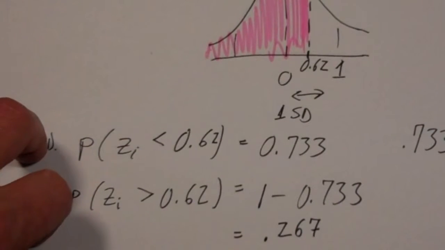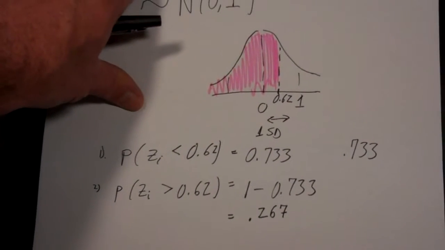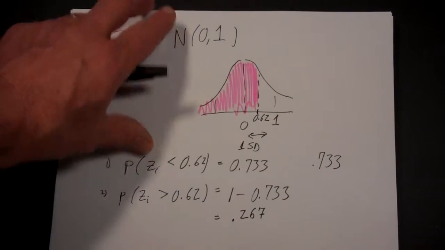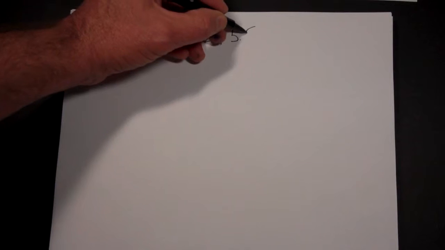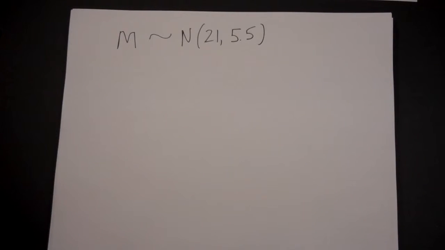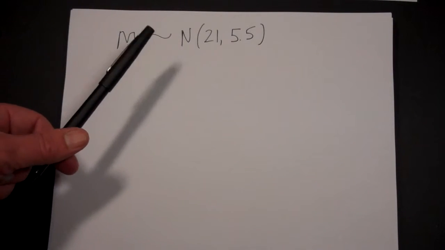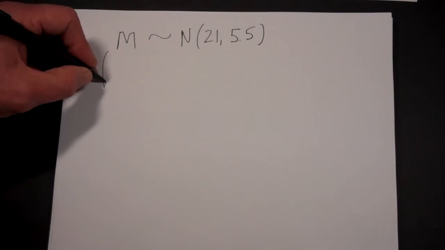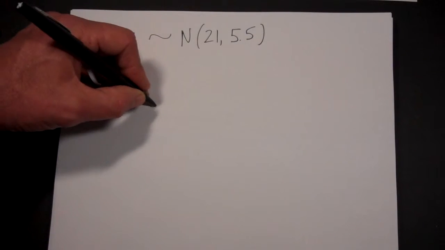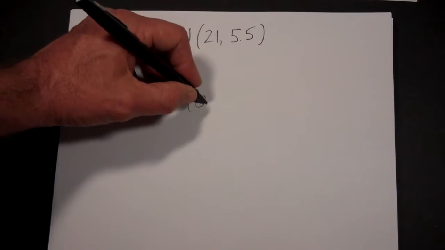Now, you can only use the standard normal table if you start with a z-distribution. If you start with another distribution, let's say you have the random variable m, which is distributed normally with a mean of 21 and a standard deviation of 5.5, then you have to transform this m into a z-distribution, which would be a normal 0, 1.